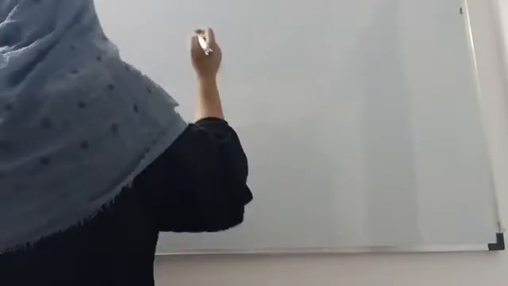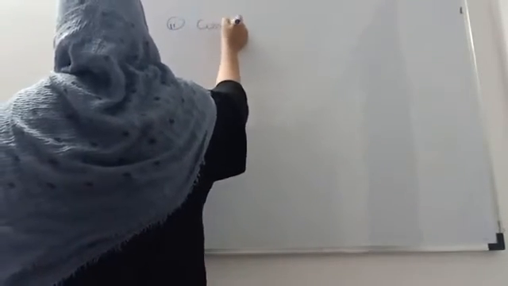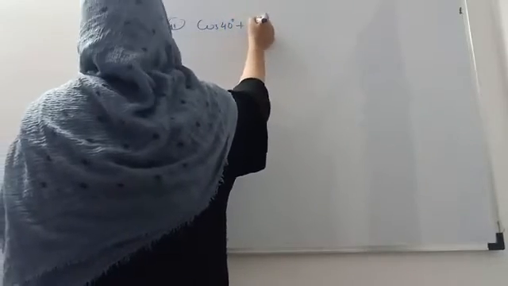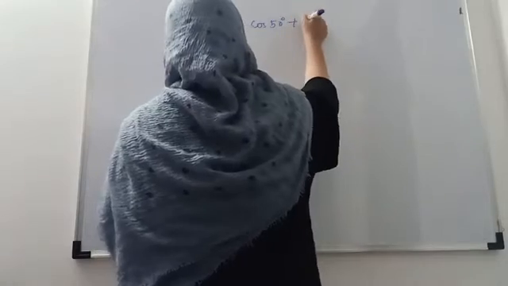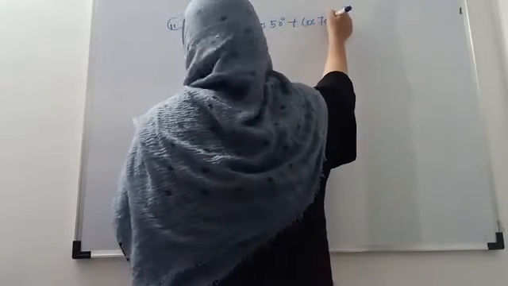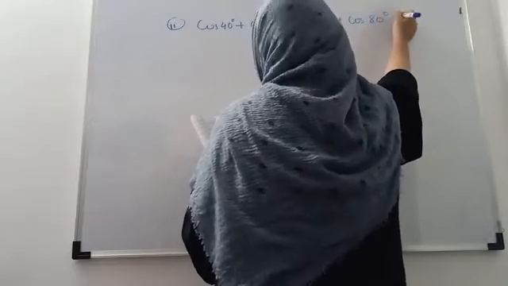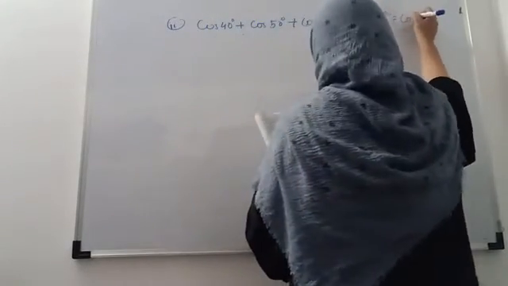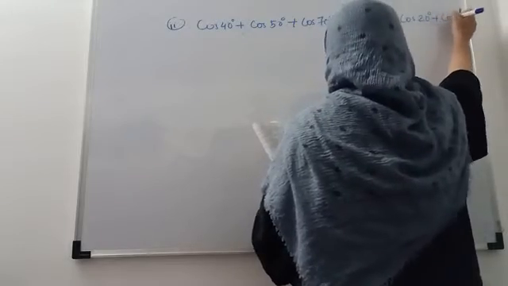The second one is: cos 40 degree plus cos 50 degree plus cos 70 degree plus cos 80 degree is equal to cos 20 degree plus cos 10 degree.